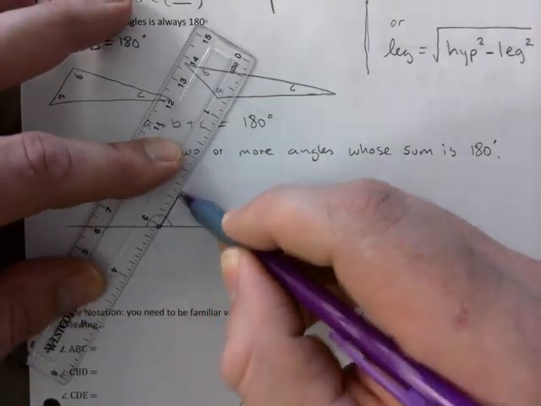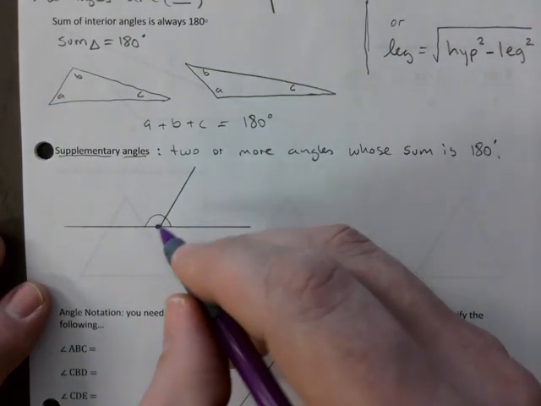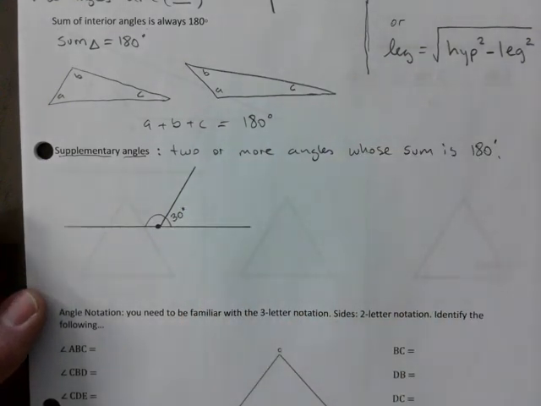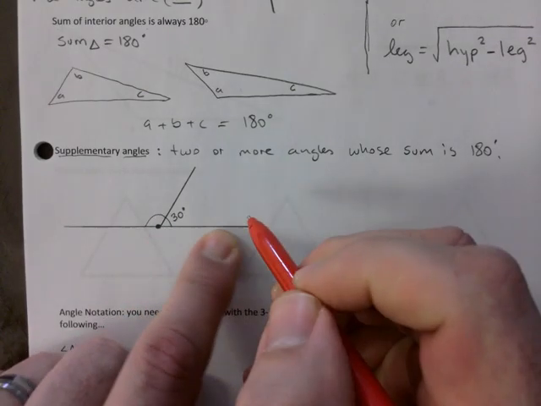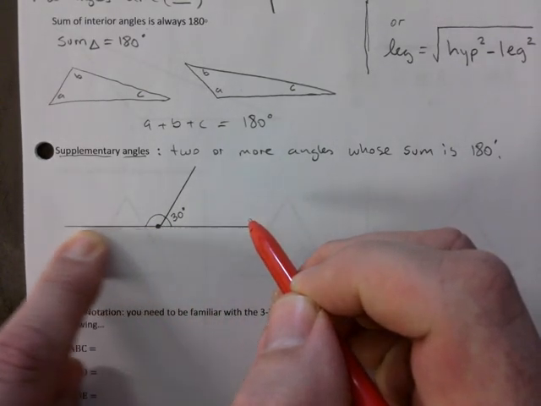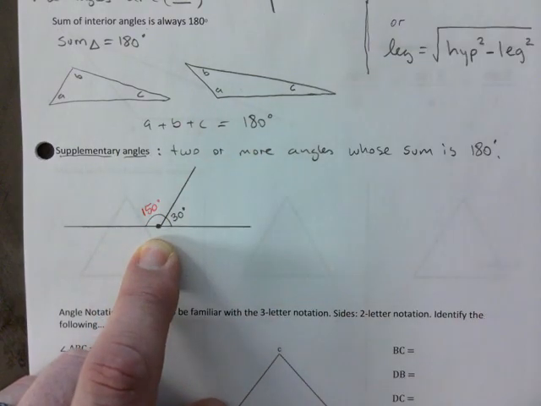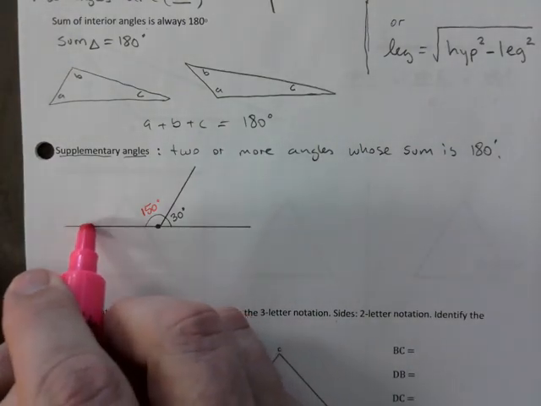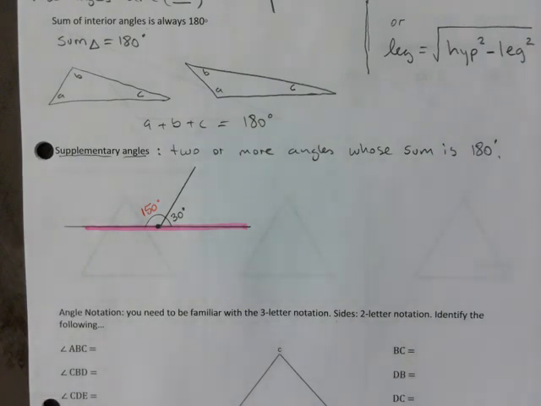Let's say you know this is 30 degrees here. You should automatically think, oh, there's a straight angle right here, so this over here is going to be 150. I want you to always try to think, hey, there's a straight line right there. It's 180 along that.